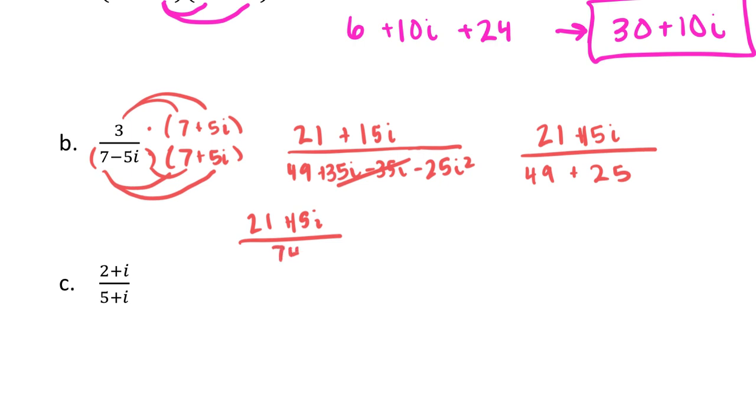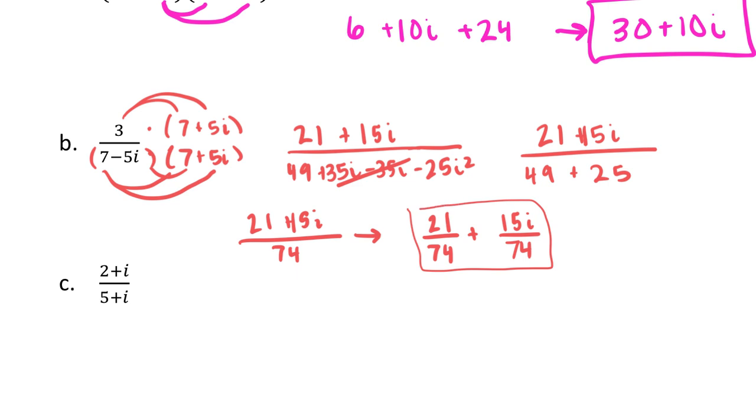That's 74. And we need to rewrite this as a complex number. So I'm going to go 21 over 74 plus 15i over 74. And 74 does not go into 15 or 21, or vice versa, or have any common factors. So there we go.